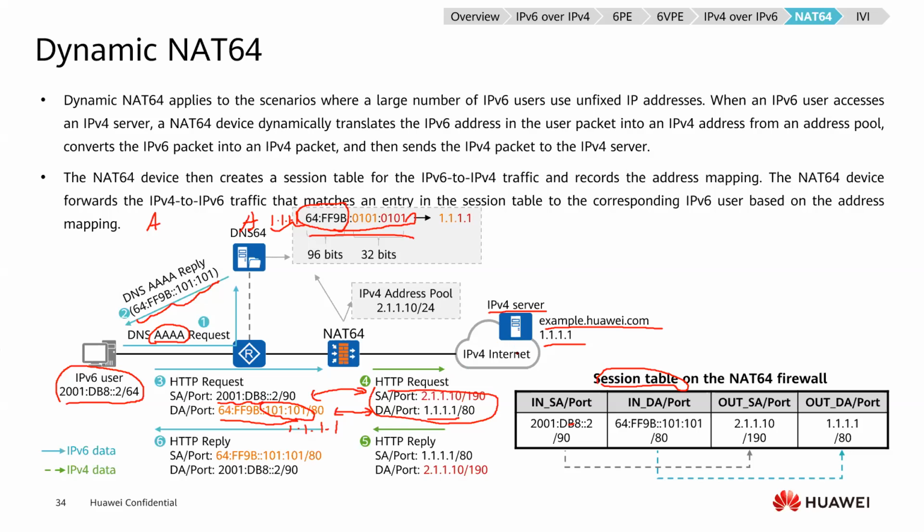When the v4 server receives it, it will reply, with the source address being its own IPv4 address and the destination address being the mapped IPv4 address. When the firewall receives this IPv4 packet, it will check the session table, change it to an IPv6 packet, and send it back to the user. So this is the whole process for dynamic NAT64 translation. Okay.